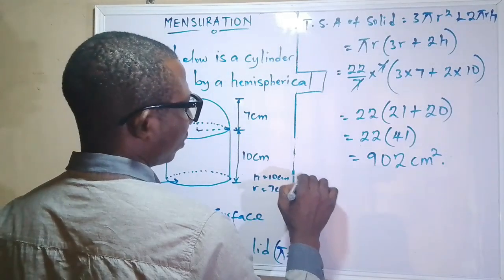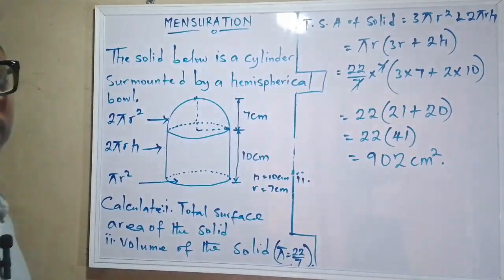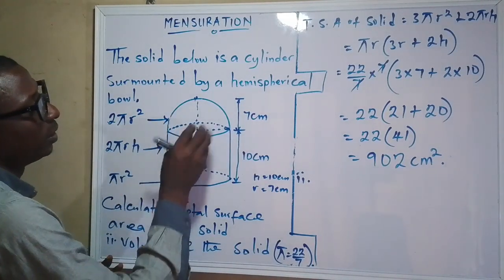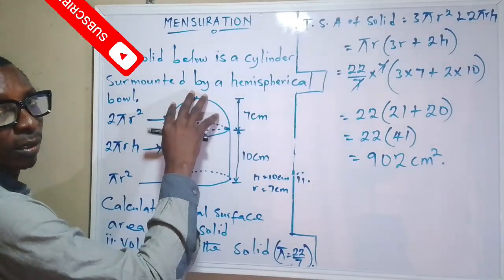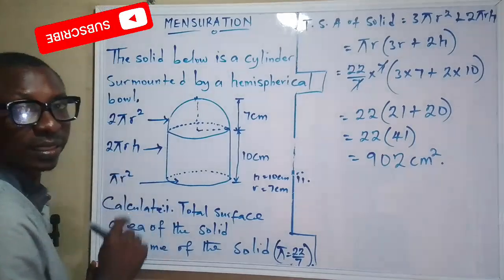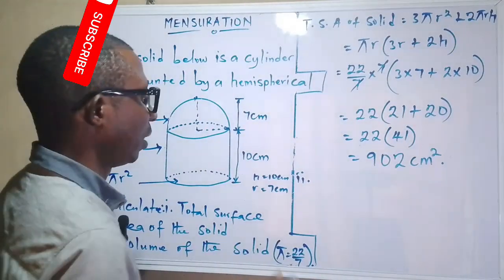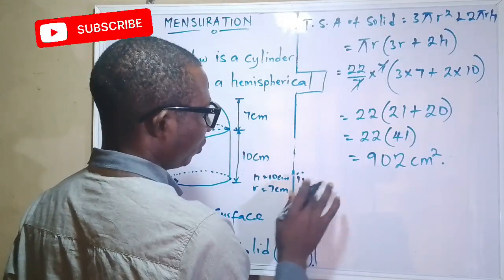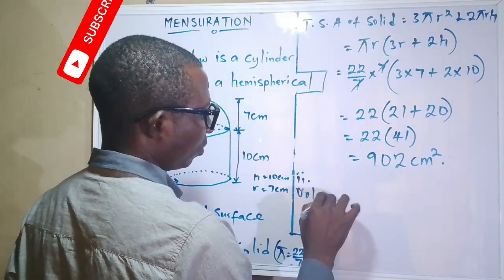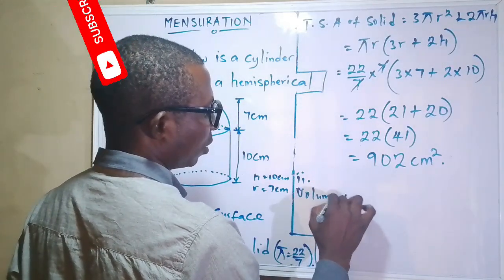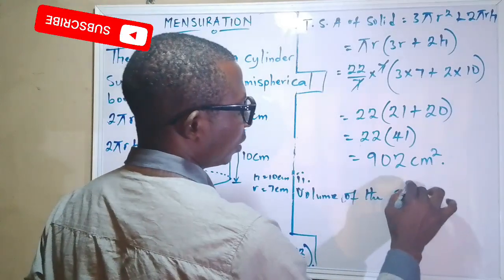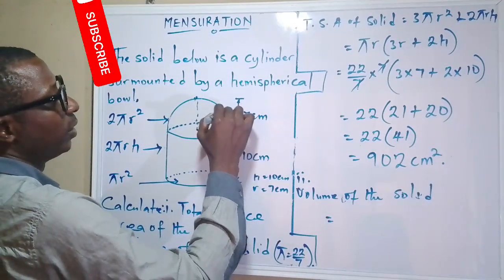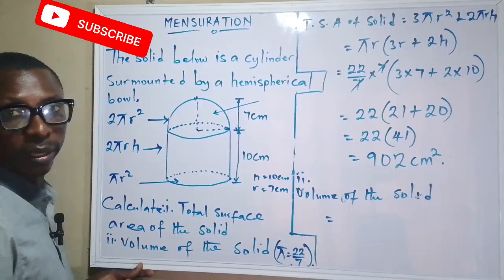Now let's look at the second part. We have to calculate the volume of the solid. The volume of the solid is the volume of the hemisphere plus the volume of the cylinder. What is the formula for calculating the volume of a hemisphere?